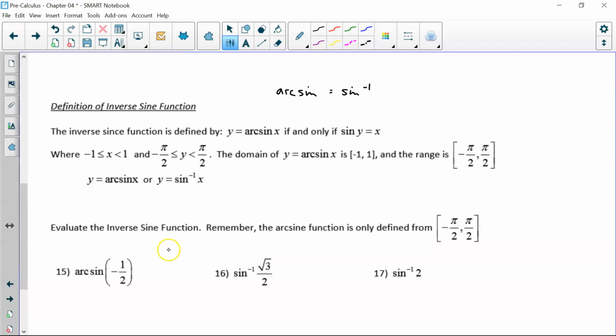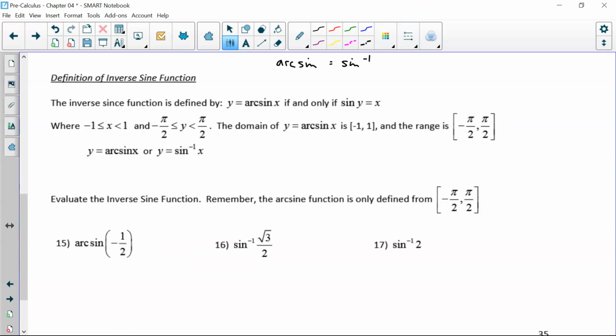Now, we can use this. When we talk about evaluating the inverse sine, we're restricting ourselves to quadrant 1 and quadrant 4. We're going to pick quadrant 1 if it's positive, quadrant 4 if it's negative. Now, keep in mind, we have our pi over 6, we're at root 3 over 2, 1/2.